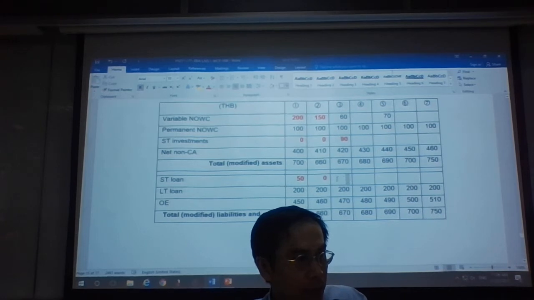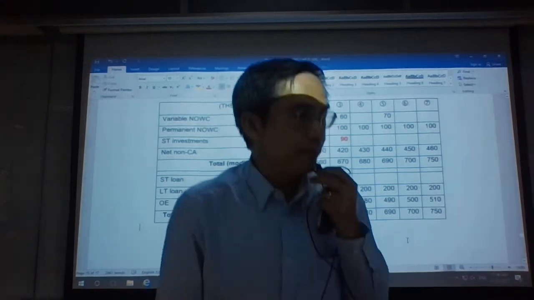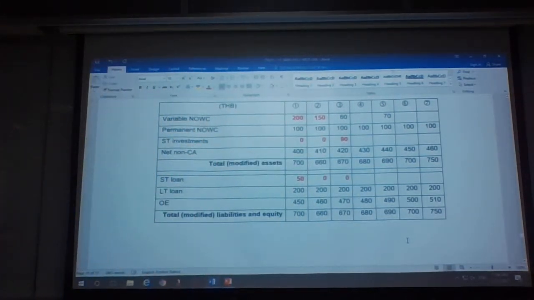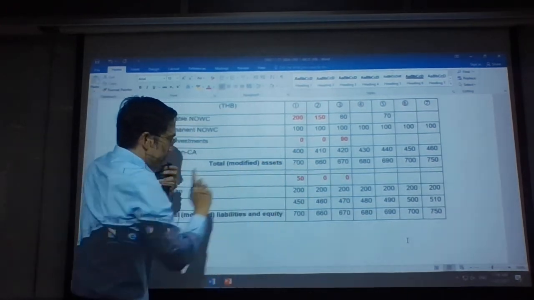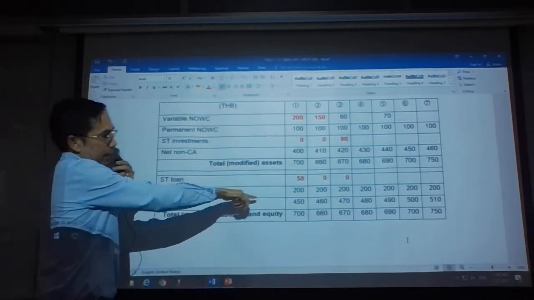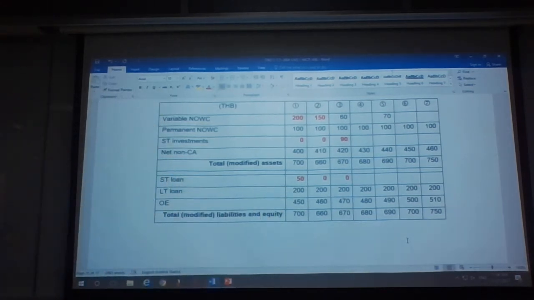So take a look at the numbers on the right hand side. Here, you don't have any short-term loans from financial institutions. I am assuming that the long-term loan is constant over time, but the owner's equity changes according to time. So at point number 3, there are 2 things that you should understand. There are no short-term loans left anymore because they have all been repaid by point 2.